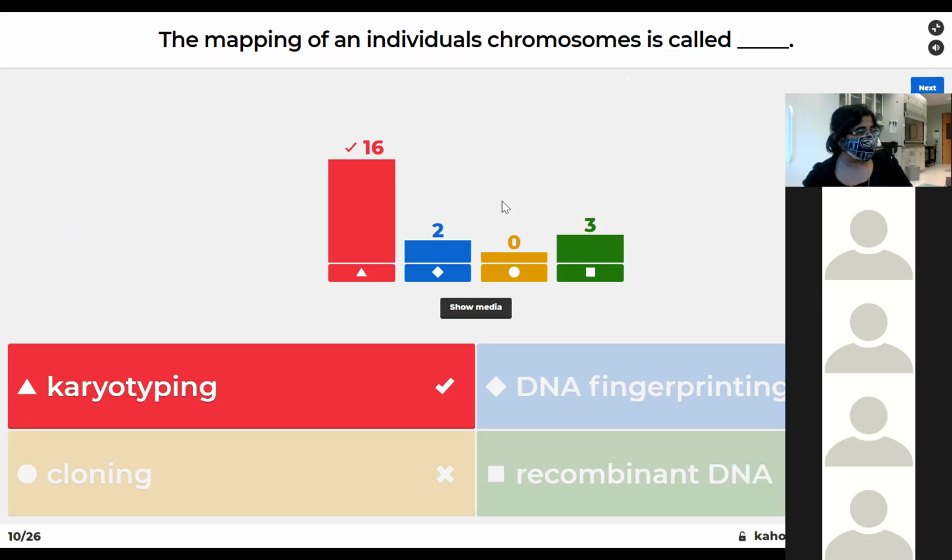DNA fingerprinting is more about identifying people using DNA. Recombinant DNA is just DNA that's recombined, and you can use that for different techniques. Karyotyping is what you use to map each individual chromosome, okay?